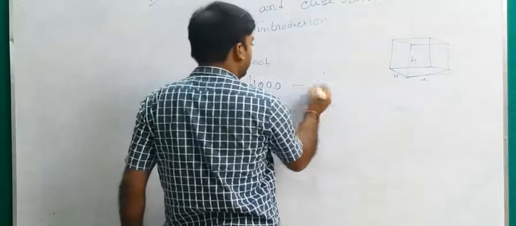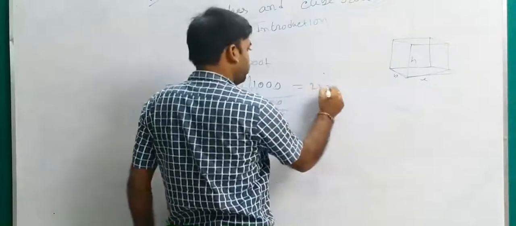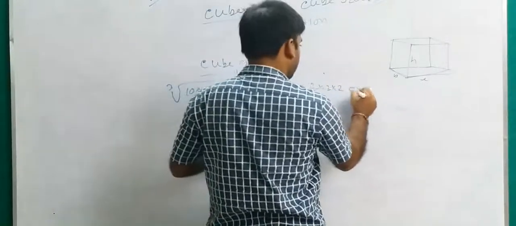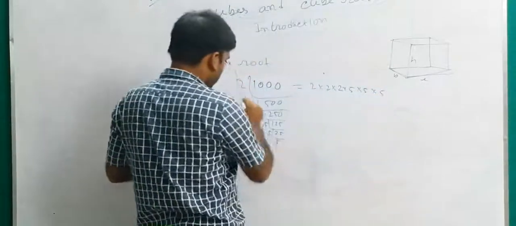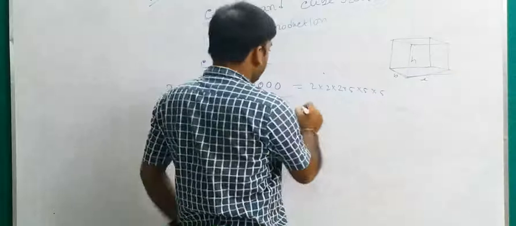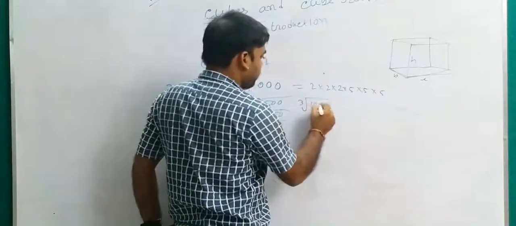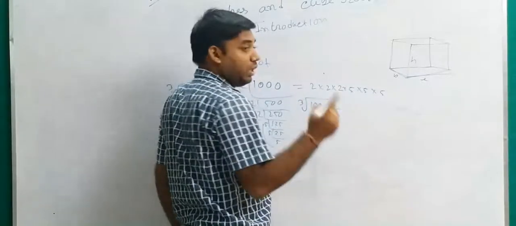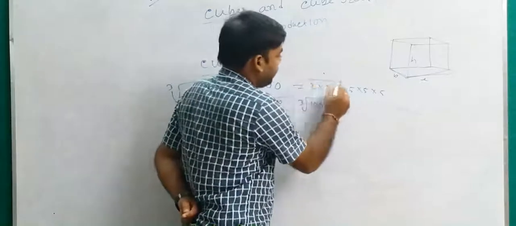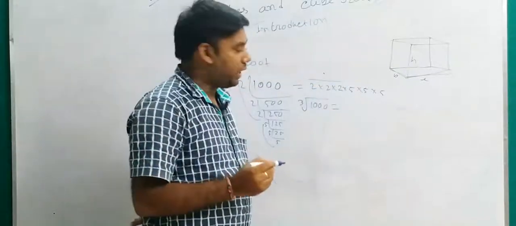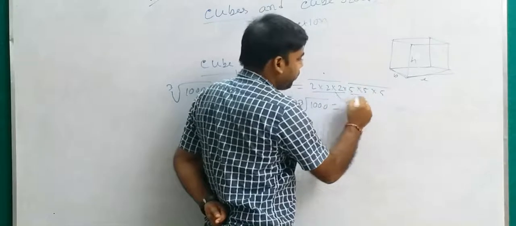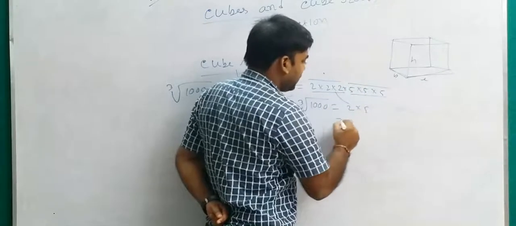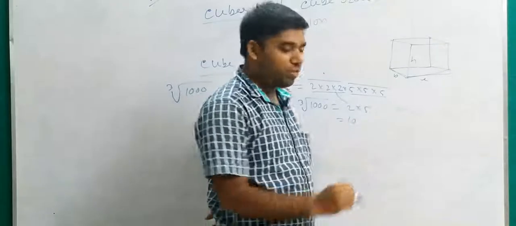So 1000 equals 2 into 2 into 2 into 5 into 5 into 5. So the cube root of 1000 equals, you can give a bar over three 2's and three 5's. From this bar only 2, from this bar only 5. So that is 10. So 10 is the cube root of 1000.